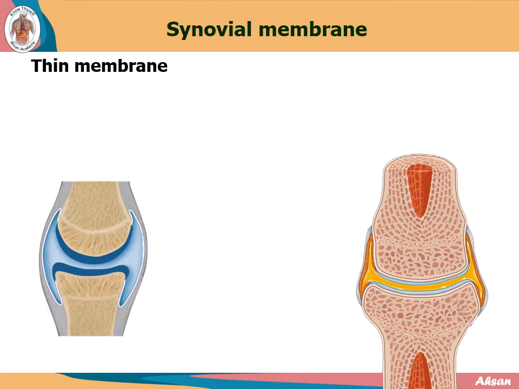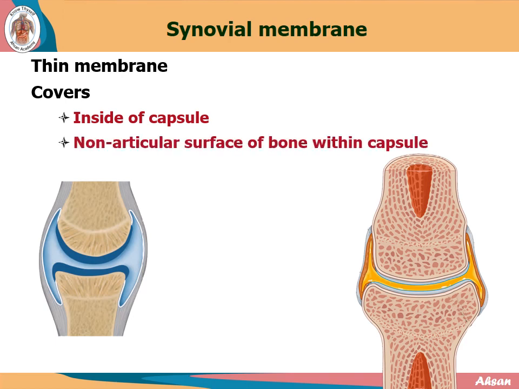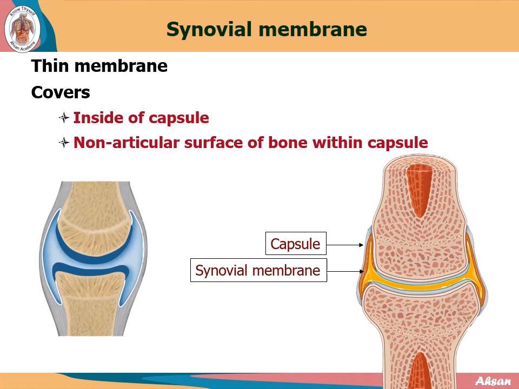Synovial membrane. It's a thin membrane. In the figure, you can see it covers the inside of the capsule and also part of the bone. I'm showing this by the arrow. This is the capsule and this is the synovial membrane that covers the inner surface of the fibrous capsule. The arrow indicates the part of the bone not covered by articular cartilage but lying within the joint, which is also covered by the synovial membrane.